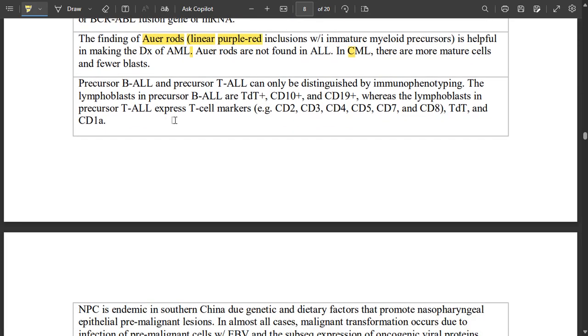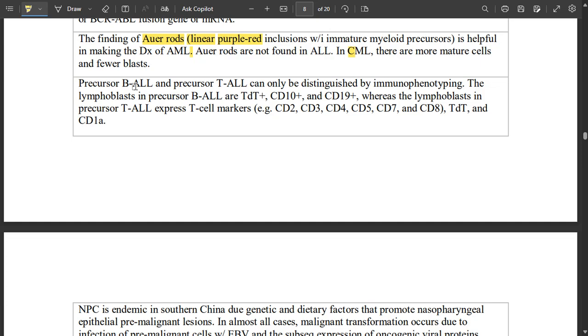Precursor B-cell ALL and pre-T-cell ALL can be distinguished by immunophenotyping. The lymphoblasts of pre-B-ALL are TdT positive, CD10 positive, and CD19 positive.